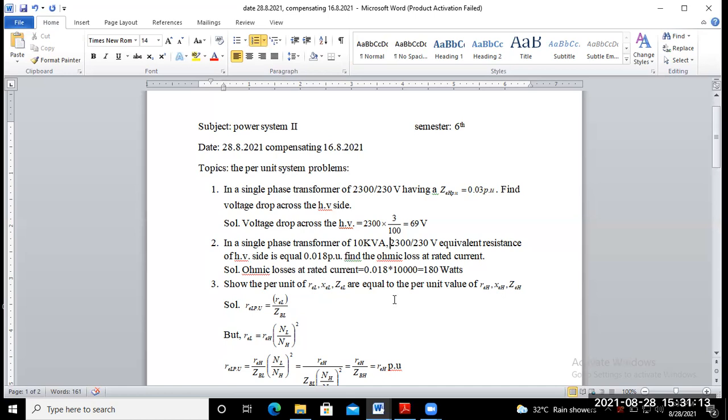That means we want to prove here that the equivalent resistance, the equivalent leakage reactance, and the equivalent leakage impedance on the low voltage side are equal to the equivalent resistance, equivalent leakage reactance, and equivalent impedance on the high voltage side. Okay.